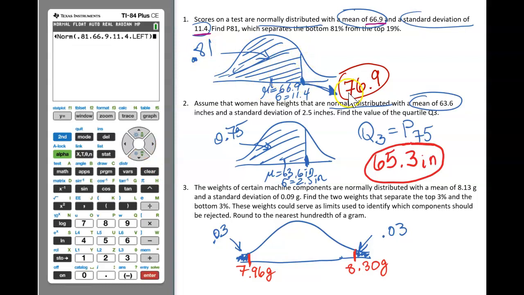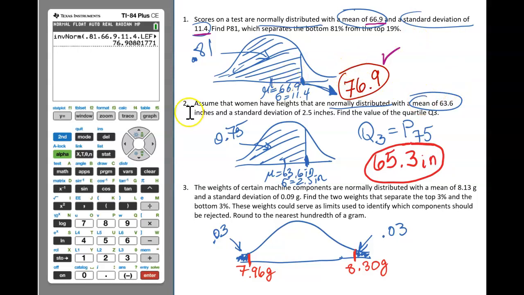Go down to paste, enter. And if you have a TI-83 graphing calculator, then that's what you will input: area, mean, standard deviation, and the direction of the tail. Click enter again. The test score that separates the low 81% from the high 19% is 76.9.